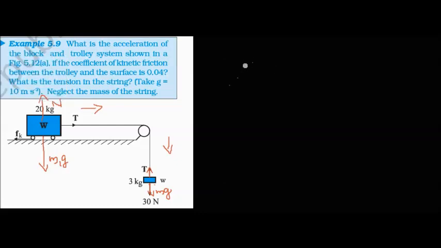For the 20 kilogram object, the forces acting on that object are M1g, which is acting along the downward direction, and the normal reaction, which is acting along the upward direction, the tension in the string, which is acting towards the positive direction of the x-axis, and the frictional force acting along the negative direction of the x-axis. So this is the case of the object with mass 20 kilogram, that is our trolley system.